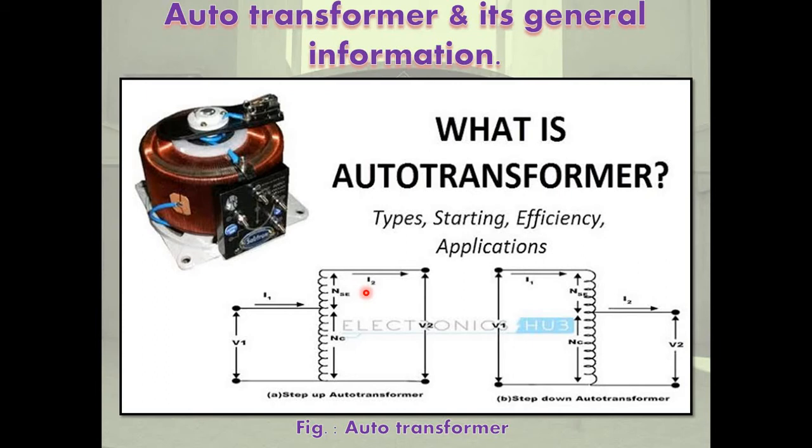Auto transformers for three-phase systems are always in the form of a single three-phase unit. Three single-phase auto transformers are very rarely used because of their low efficiency and difficulty in parallel operations.